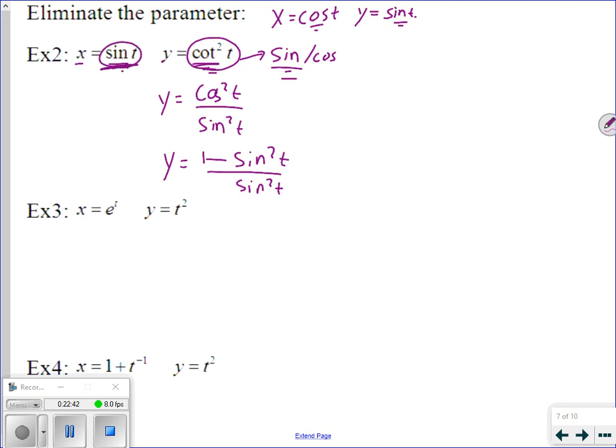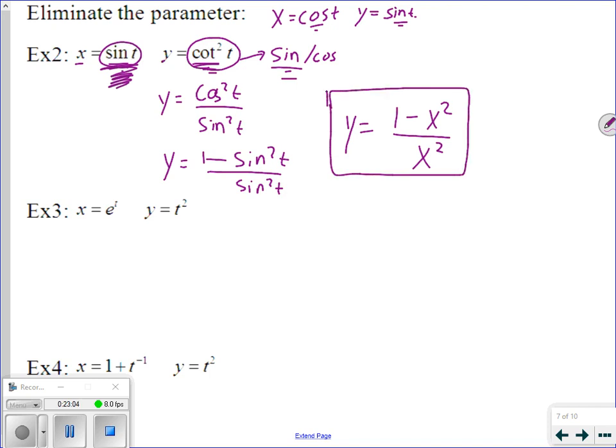So I have all sine in this equation, and I can replace sine with x. So y equals 1 minus x squared over x squared. There, we just eliminated the parameter. This is the rectangular form of the parametric equation.